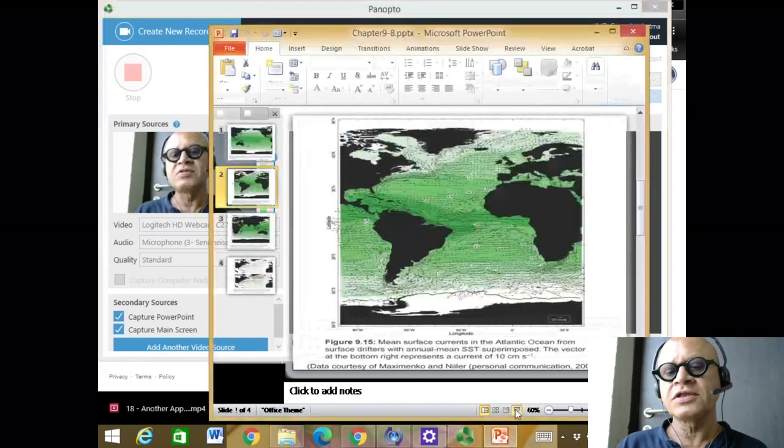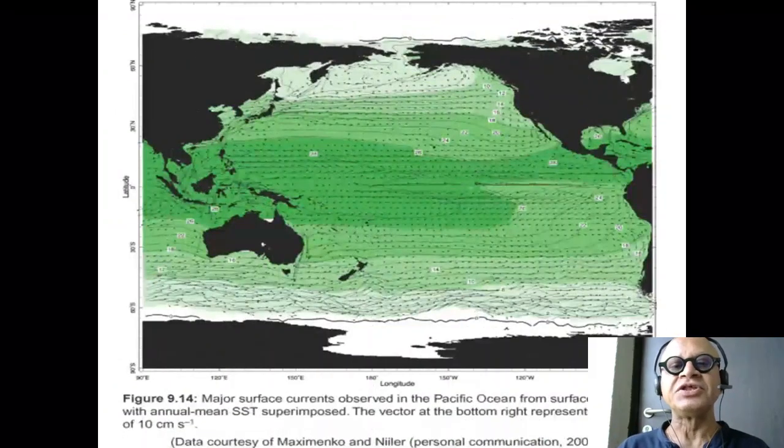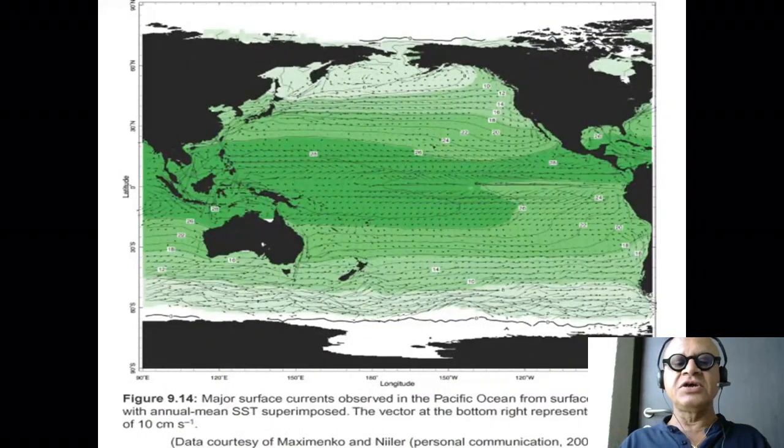Let's look at some of the currents just to get a sense of each basin. So this is the annual mean surface current vectors in the Pacific Ocean.